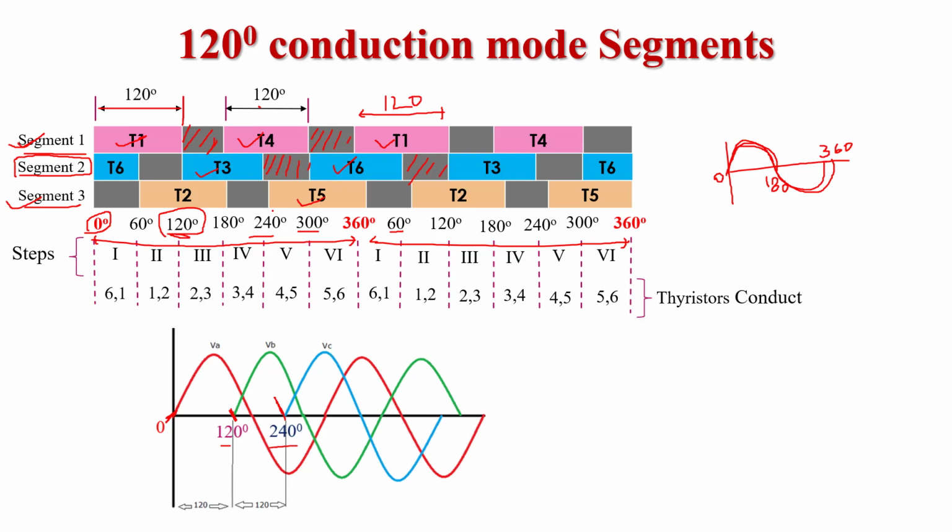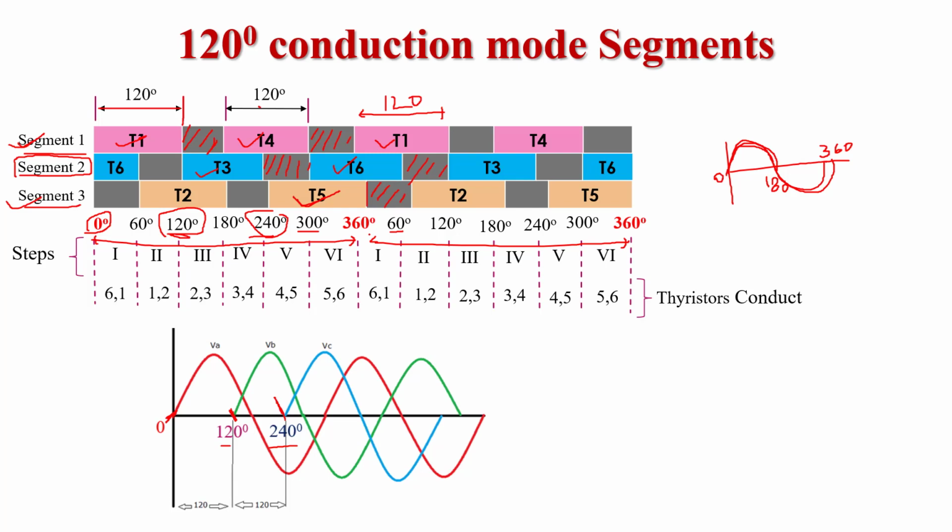So at omega T equals 240 degrees, we give a firing pulse to thyristor T5. So T5 conducts for 120 degrees, that is 240 to 360 degrees. After 360 degrees, neither T5 nor T2 will conduct because it is a 120 degree conduction mode.